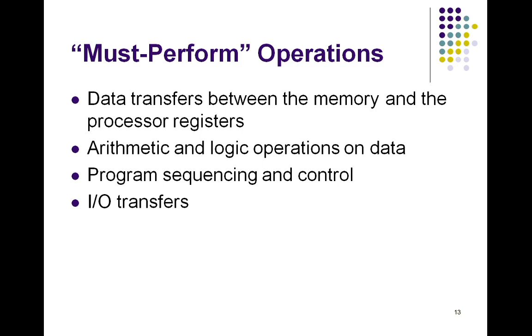Each and every instruction must perform these operations to execute in a computer. So the operations are data transfer between memory and processor registers, arithmetic and logical operations on that data, program sequencing and control, and finally input output transfers.